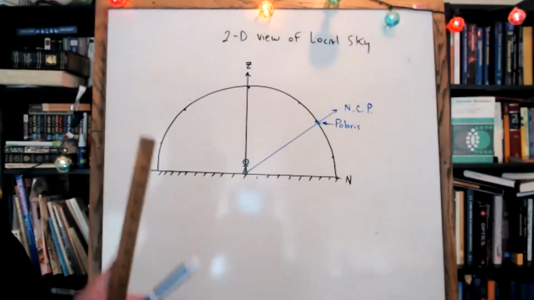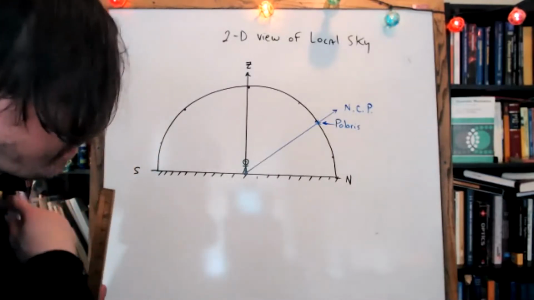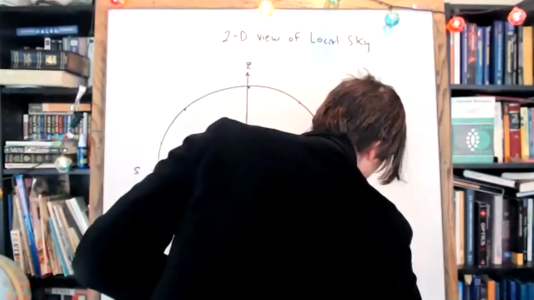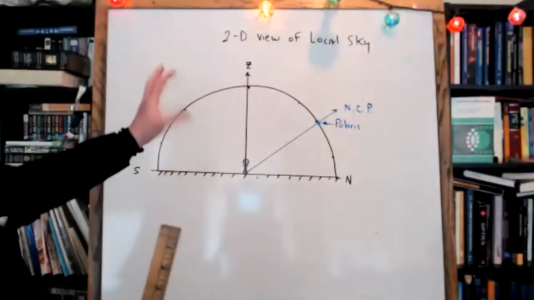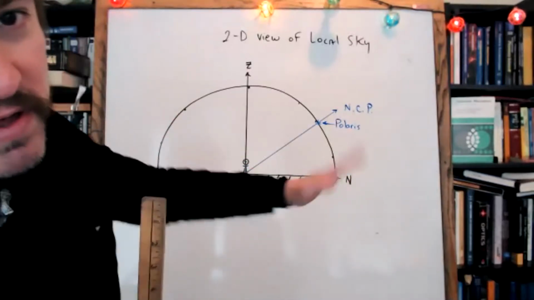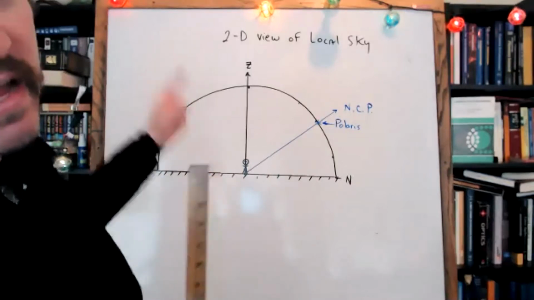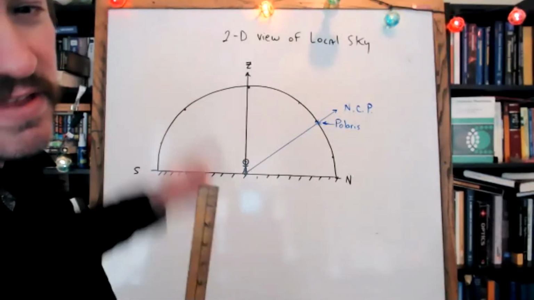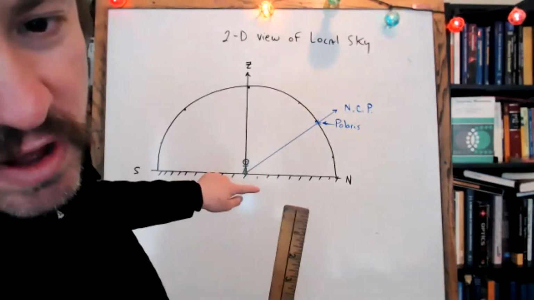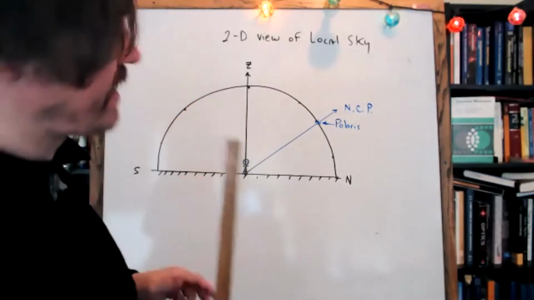Let's also draw in our celestial equator, what Sabrina referred to as CE. The celestial equator can't really be drawn on this diagram because this is a north to south cross section of the sky, and the celestial equator is sort of an east to west circle. But we can at least draw where the celestial equator intersects.